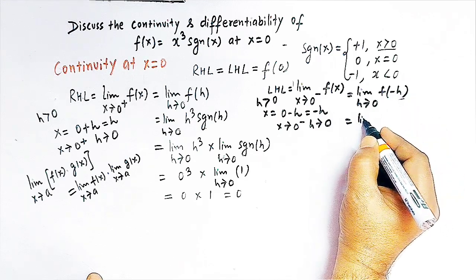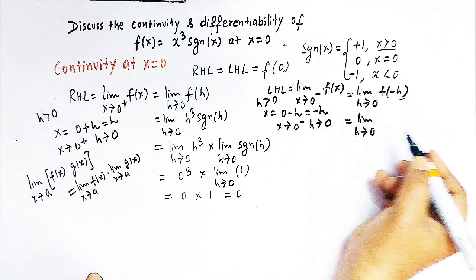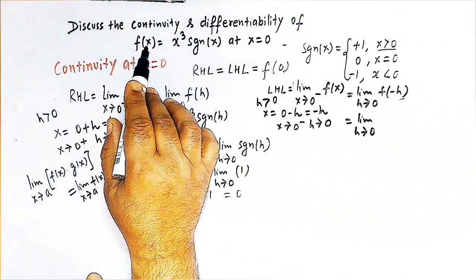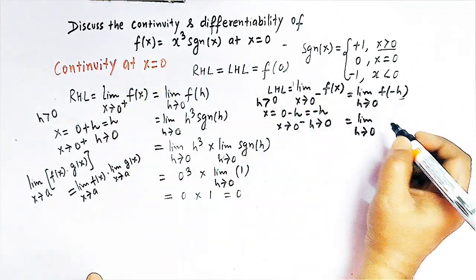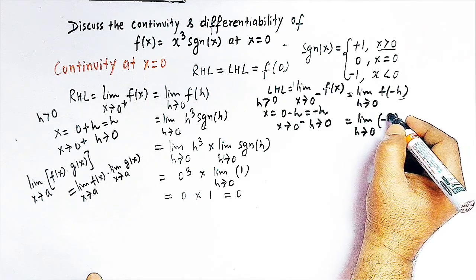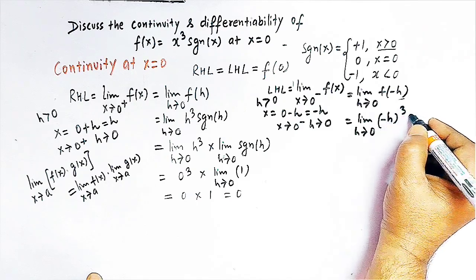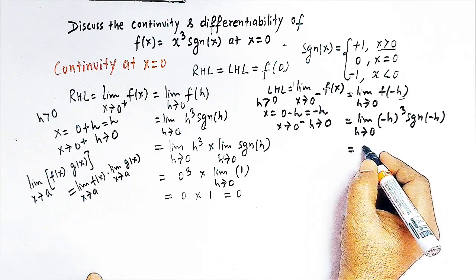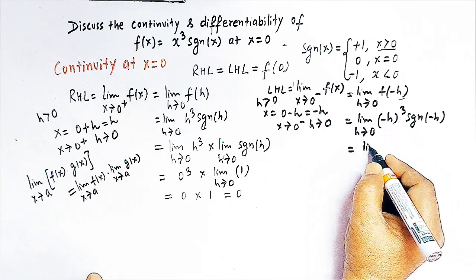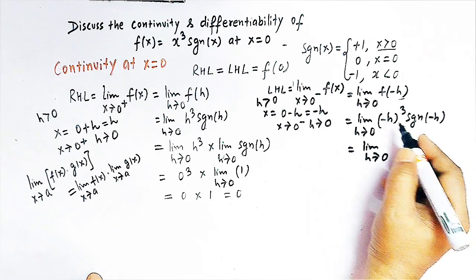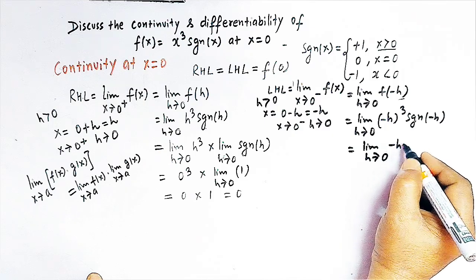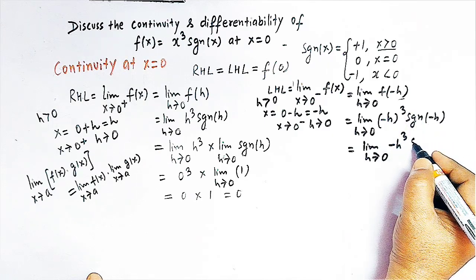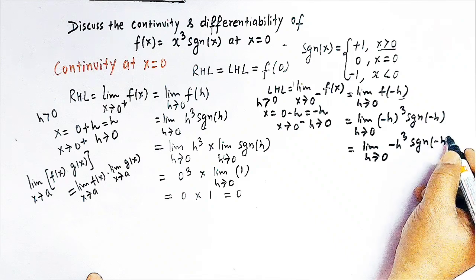Now limit h tends to 0 of f of minus h can be obtained by replacing x by minus h. So we have minus h cube, and here we have signum of minus h. Minus h cube is simply minus h cube, and here we have signum of minus h.